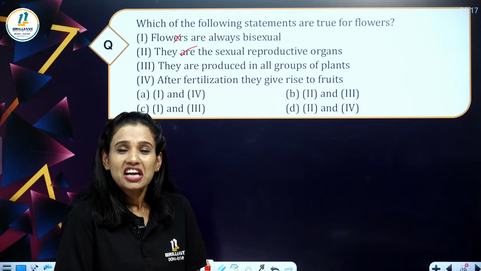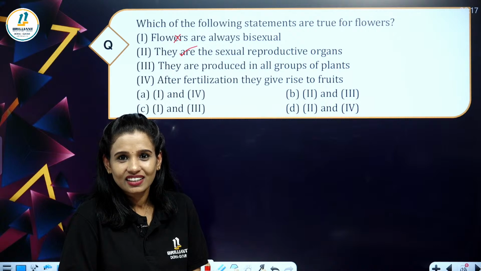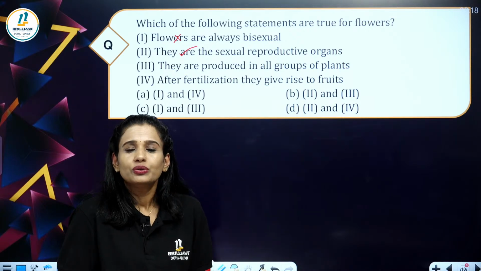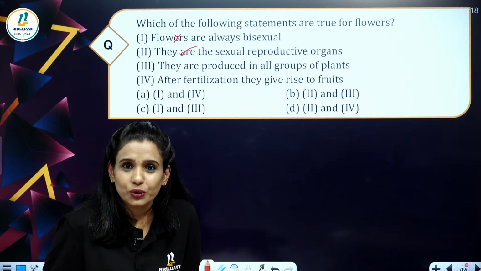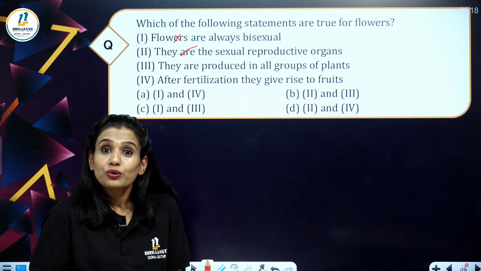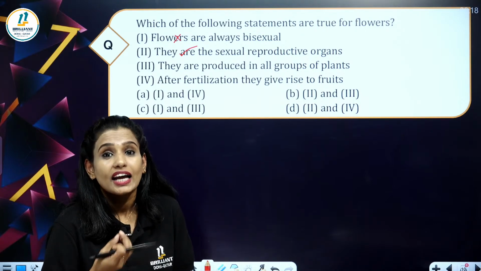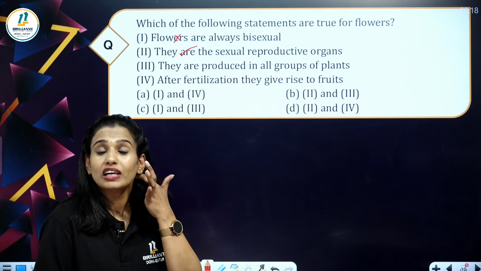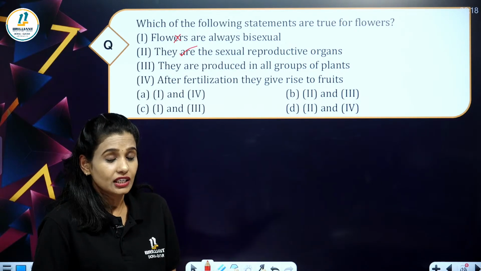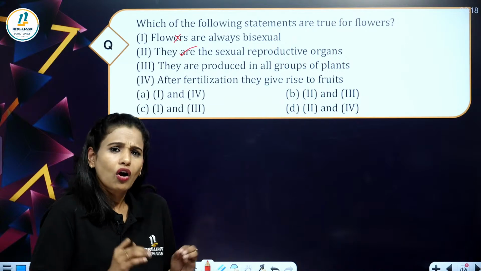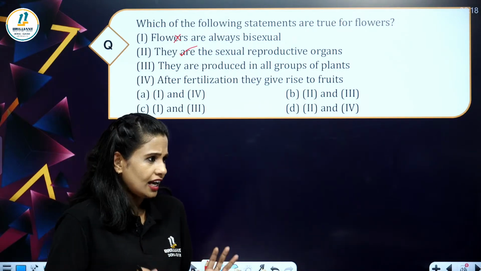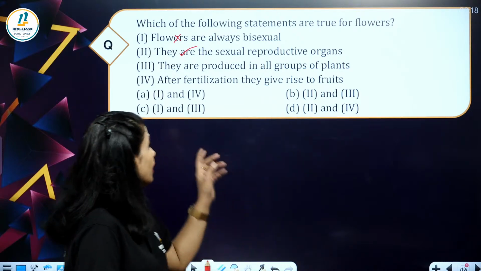You cannot see flowers in all groups of plants. The plants which produce flowers are called angiosperms, right? You will learn in detail in 11th grade. Anyway, all plants won't produce flowers. That's the fact, right?